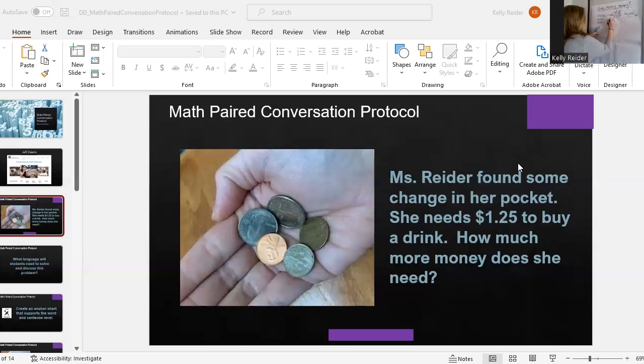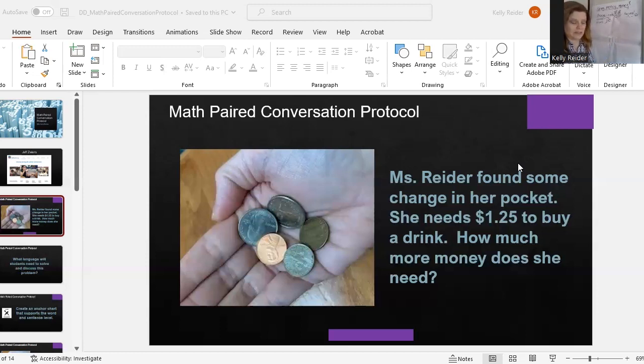And so I'll use the example in the problem, $1.25. We're talking about dollars and cents. So here's the dollar. Here's the cents. Okay? So when we're reading this, we need to say dollars and cents.